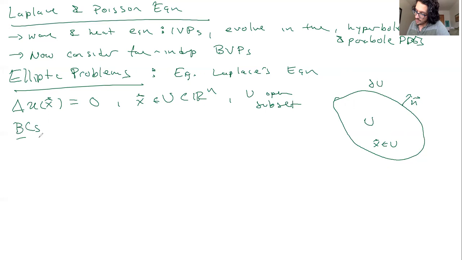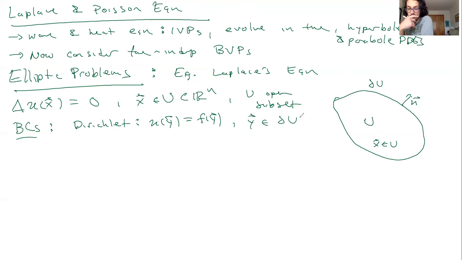Now, what kind of boundary conditions could you have? Well, one might be Dirichlet, on the function itself, u of y is equal to f of y. That's what gives a flavor to your solution. Otherwise, your solution is going to be boring if you just have homogeneous boundary conditions.